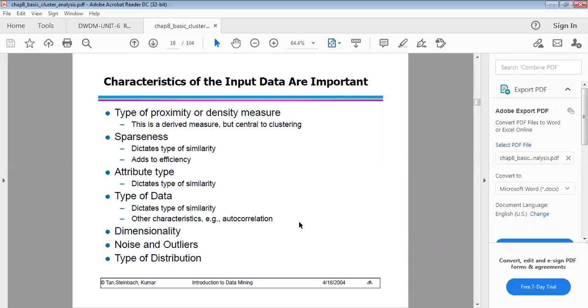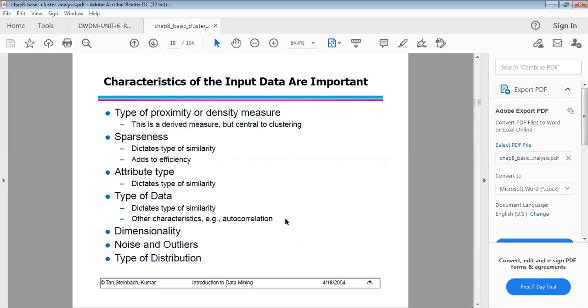And what are the characteristics of the input data you have taken? The type of proximity or density measure is a derived measure that is central to clustering. The attribute type dictates the type of similarity, and the type of data dictates the characteristics: dimensionality, noise, outliers.